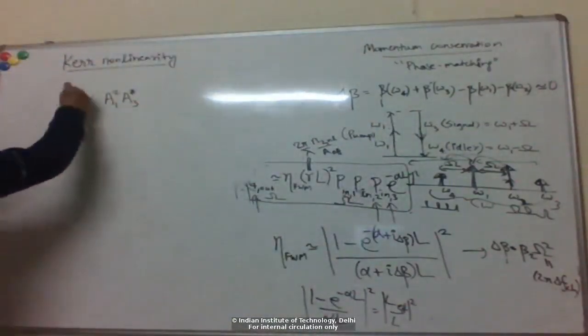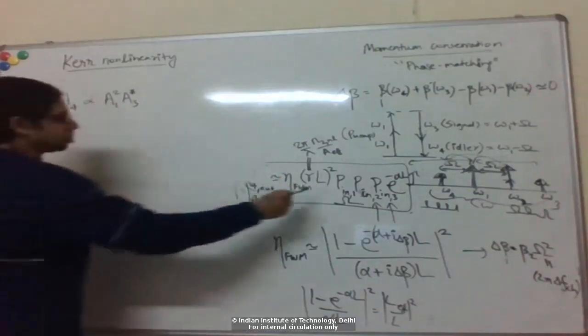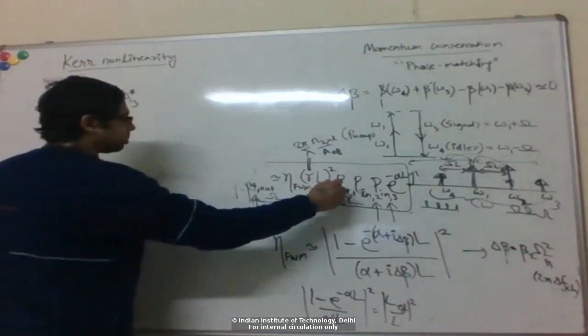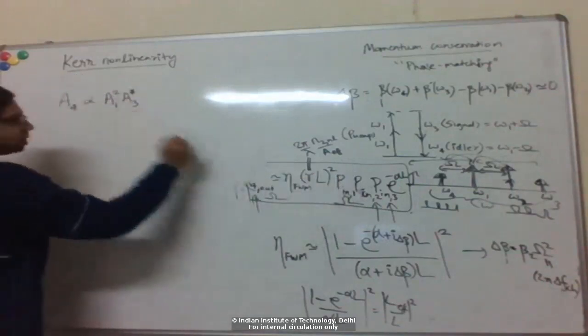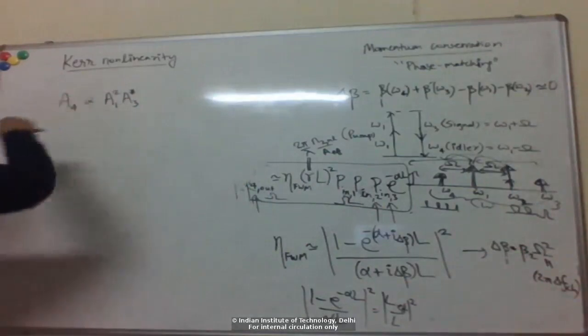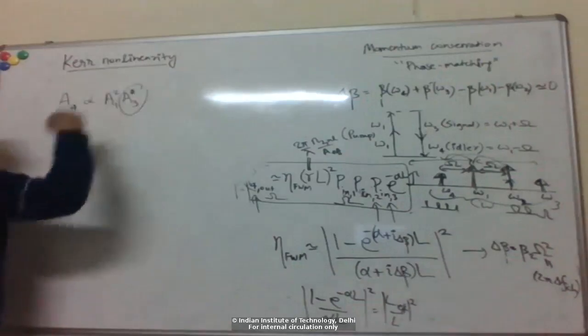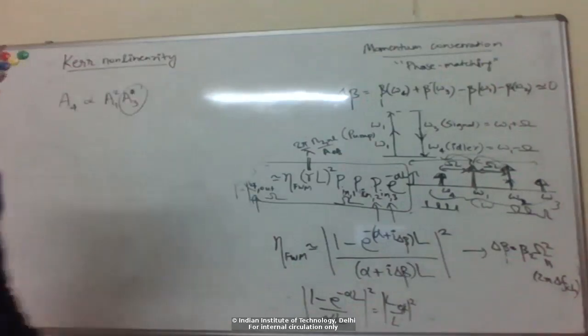So if I take mod square, then I get the power, and I get something like this. P1 and P2 will be the same, so I'll get P1 square and then P3. And this conjugate is very useful.